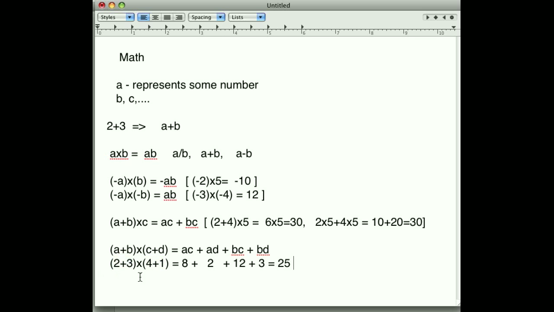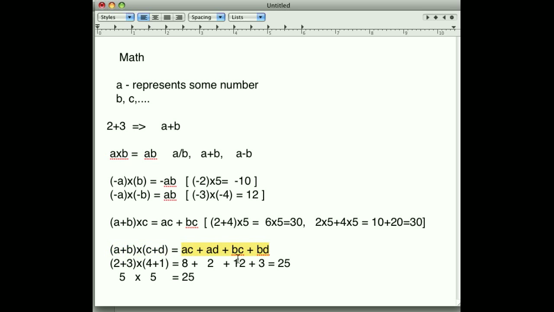So if we do that, it will give us 2 plus 3 is 5 times, again, 4 plus 1 is 5, and this is, as we know, 25. So we can see that the result is the same whether we first add and then multiply or we do the multiplication this way.